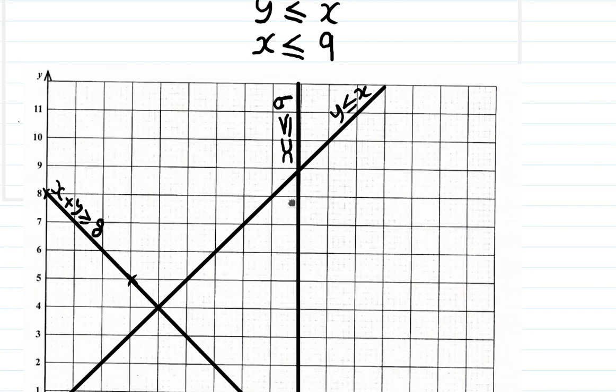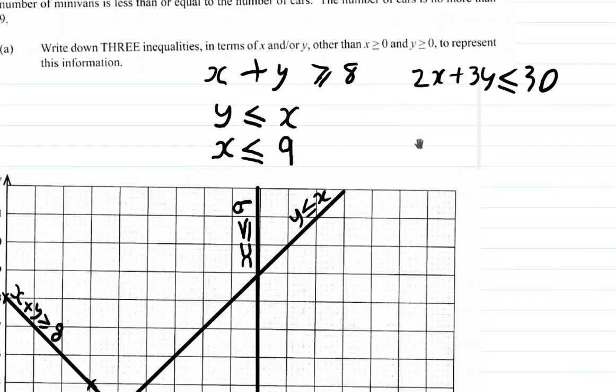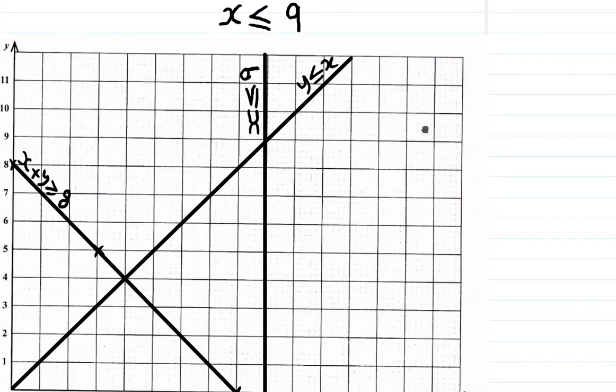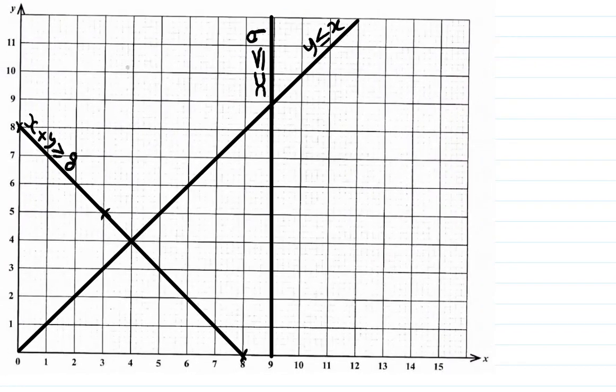After that, we're going to look at this one. 2x plus 3y is less than or equal to 30. Now, we have 2x plus 3y is less than or equal to 30. Alright?